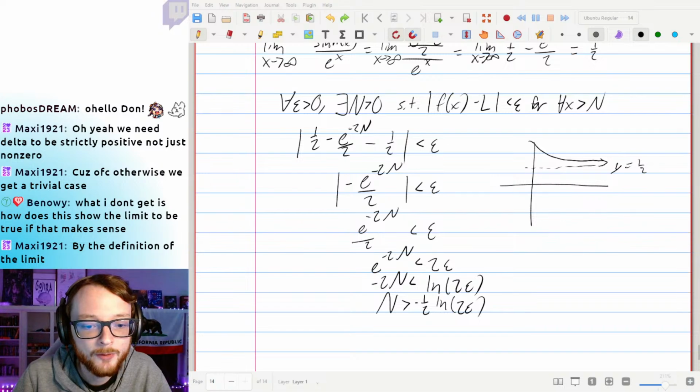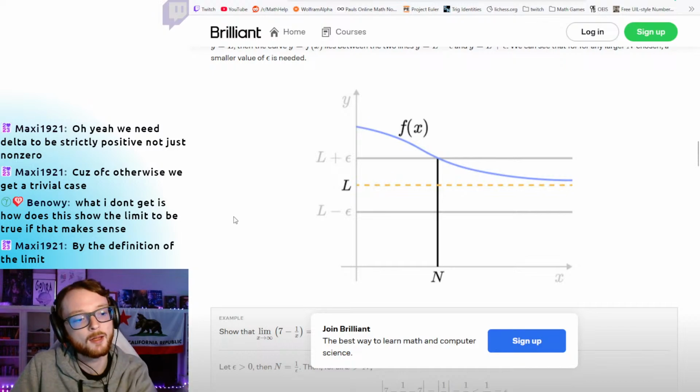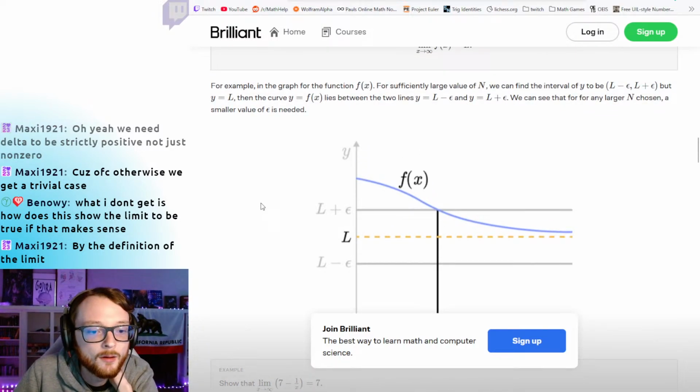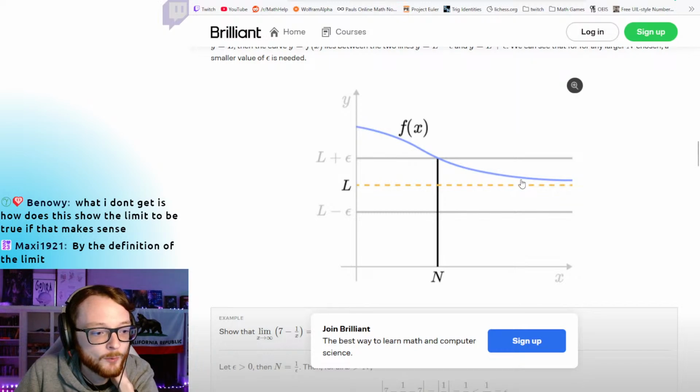Do they have a picture for this? They do. That's not that good, but you're naming the cutoff point in x after which the entire function is within the error tolerance that you're given, which is epsilon.